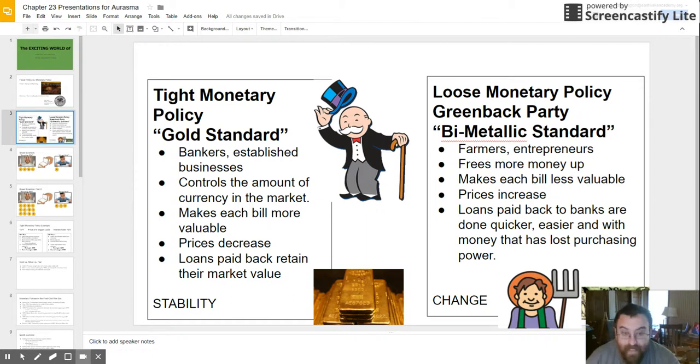During the Civil War, we needed a lot of money. Bullets cost stuff. You've got all these warships that we're trying to make during the war, both sides, North and South. Mainly we're focusing on the Union, though, the continuity of that government. But the interesting thing here is we're going to need a lot more stuff than we have gold for. We've been mainly on a gold standard up until the Civil War.